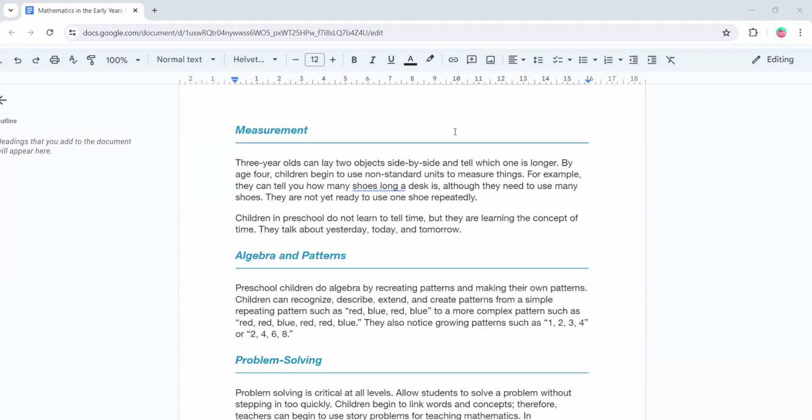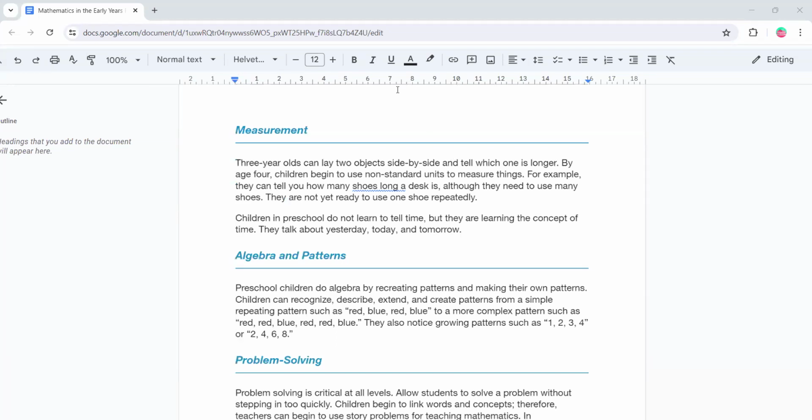Next, the category is algebra and patterns. Even though we think preschool children don't know any algebra or patterns, these concepts start in preschool. So the basics of algebra and the basics of patterns come from preschool mathematics education. Preschool children do algebra by recreating patterns and making their own patterns.